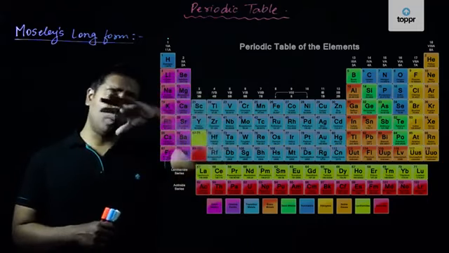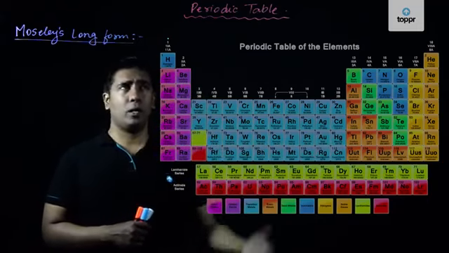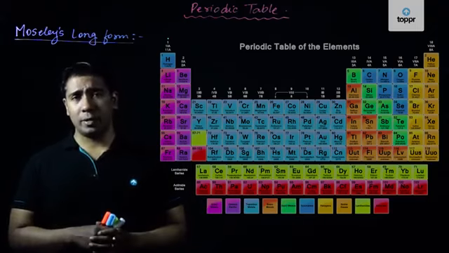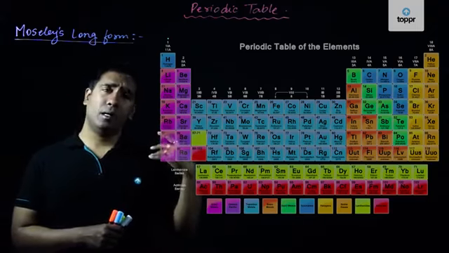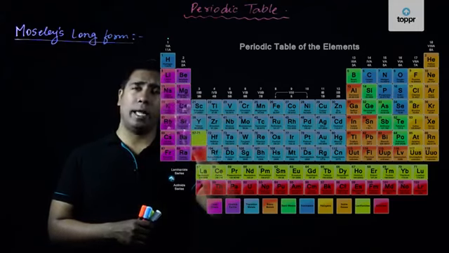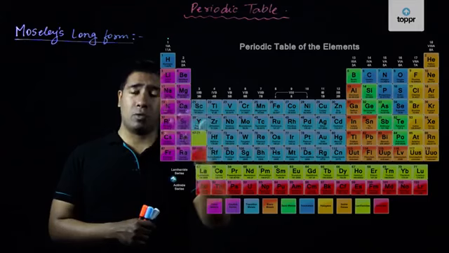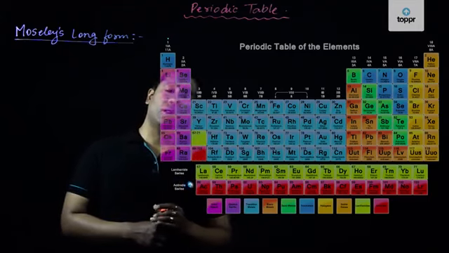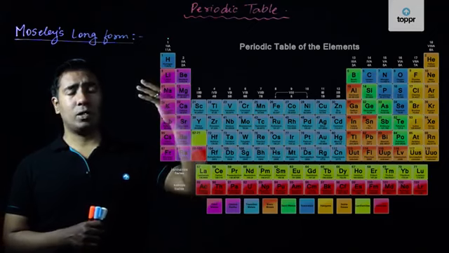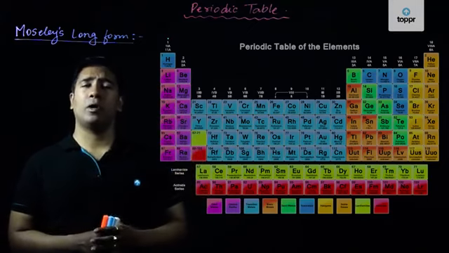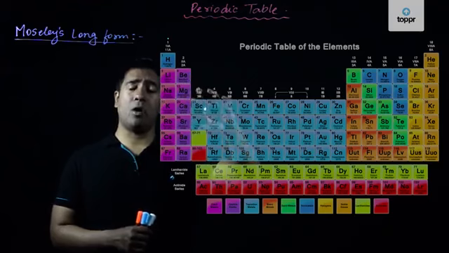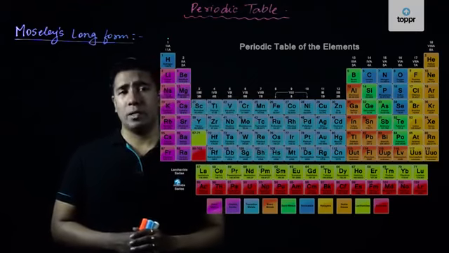The third period of the periodic table also contains 8 elements, again starting with an alkali metal, sodium, and finishing with the noble gas argon. In a similar way, the fourth period has a total of 18 elements, because we have the start of the D block elements also.